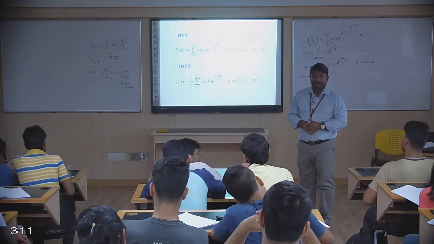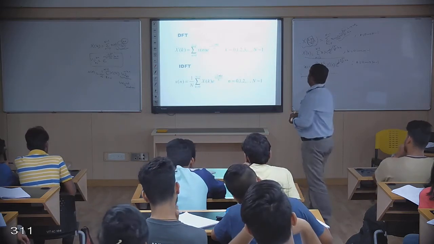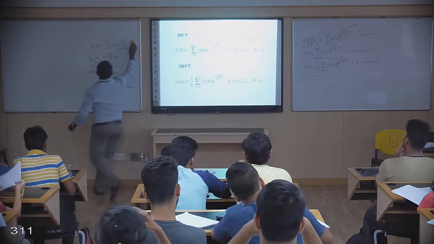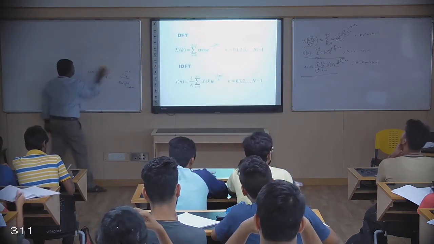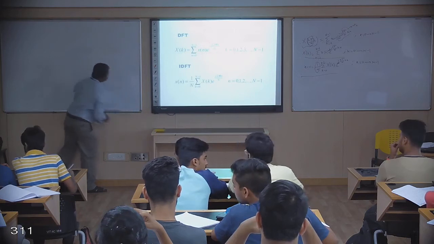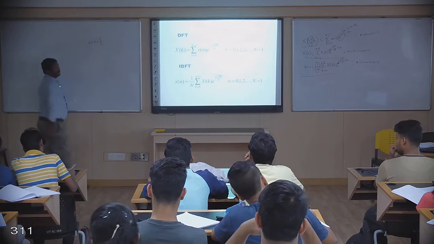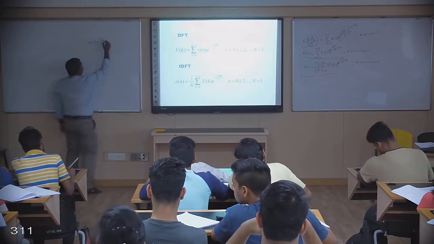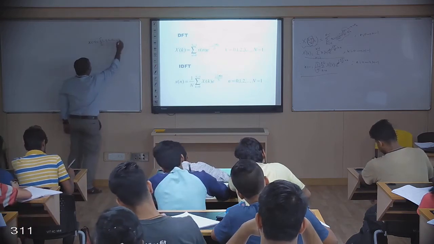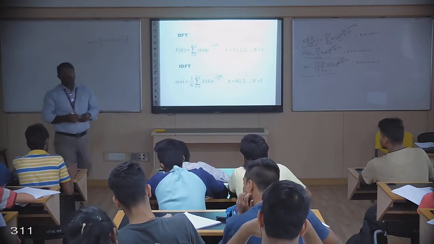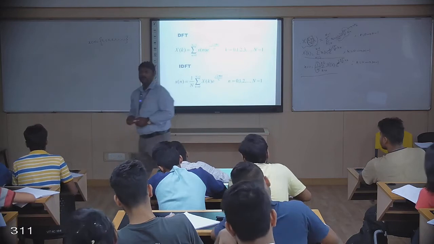Now this is the basic idea of the discrete Fourier transform, and this is how we mathematically calculate it. Alright, now let me give you one example: x of n is 1 1 2 2 1 1 1 1.